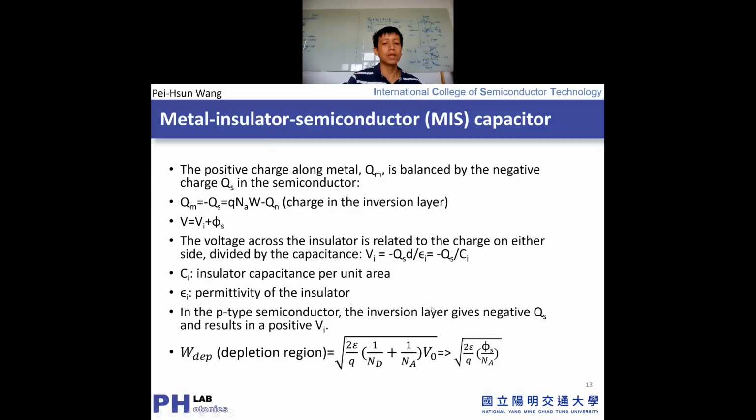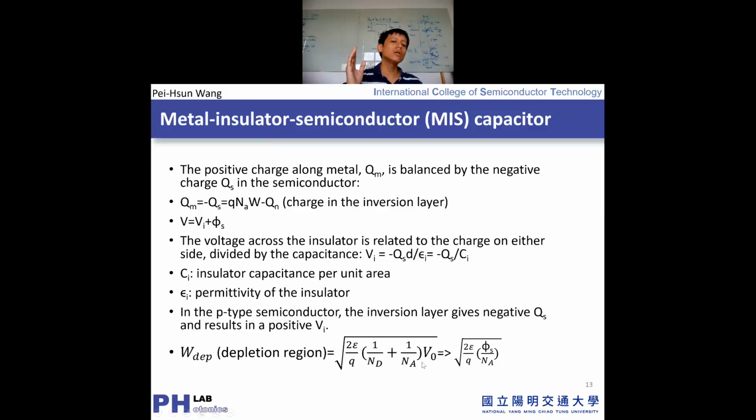Once you get this relationship, the next thing we want to determine is the depletion region in the semiconductor. So let us go back to the previous p-n junction. If you are familiar with the p-n junction, from the midterm, we get the depletion width, which is defined by 2 epsilon over q, 1 over Na plus 1 over Nd, multiplied with the additional built-in voltage.